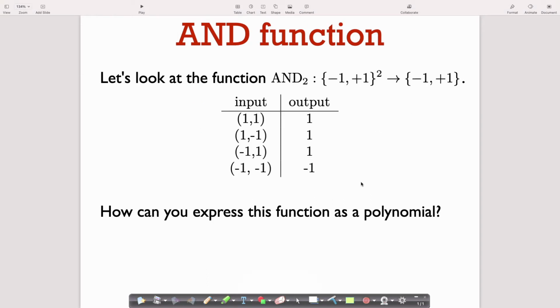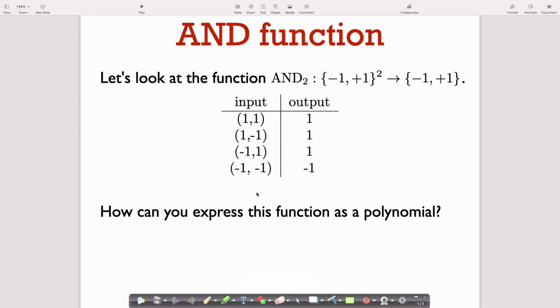So to make this concrete, let's look at an example. Say that the function that we're interested in is the AND function. The AND function in this -1 +1 representation looks as follows. It maps to -1 if and only if both of the input bits are true, which in this case means both the input bits are -1.